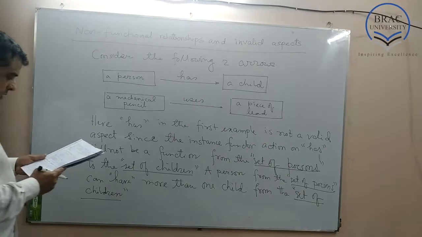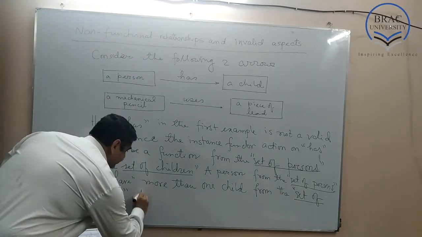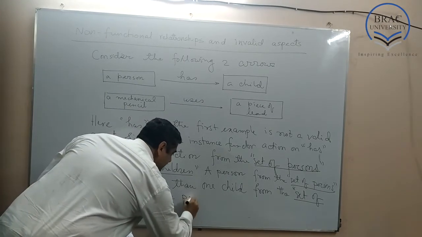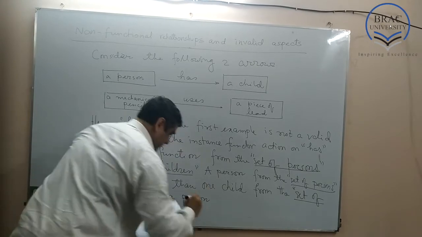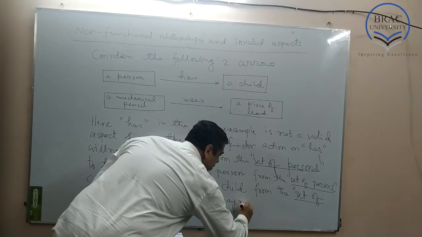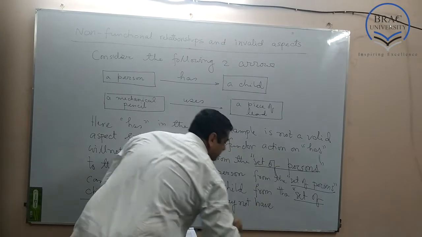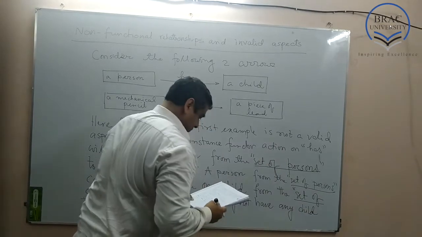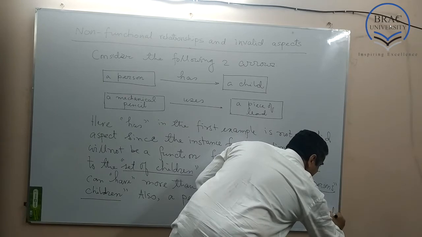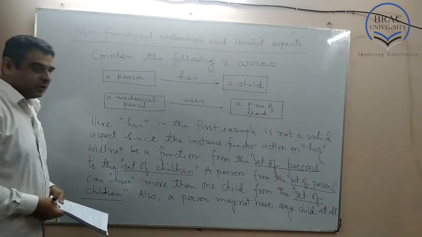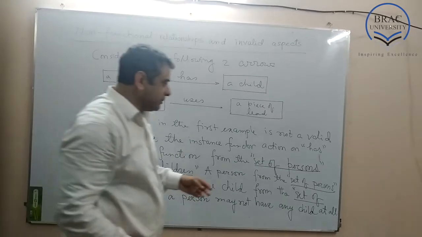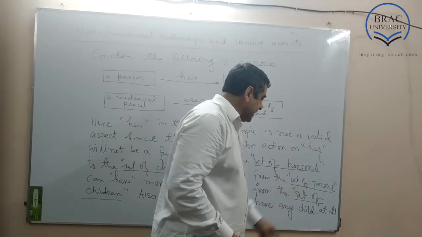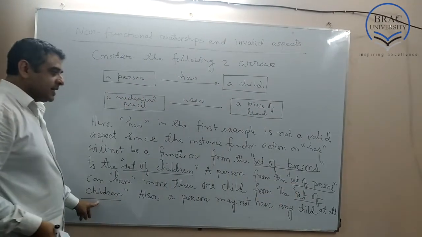And also, a person may not have any children at all. So there can be elements in this set which do not have an image in this set of children.